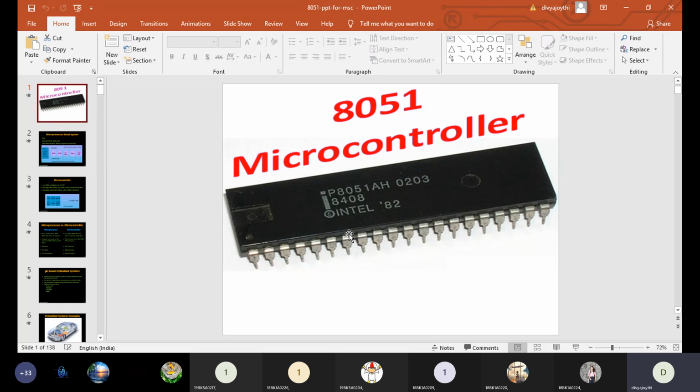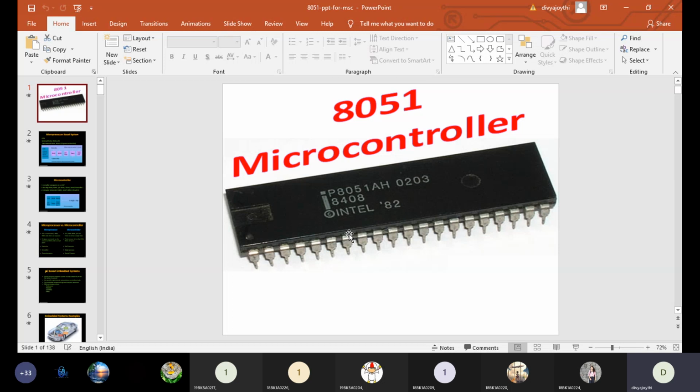Try to understand the difference between these two. One is ROM, whose size is 4 kilobytes, and the other is RAM, whose size is 128 bytes.